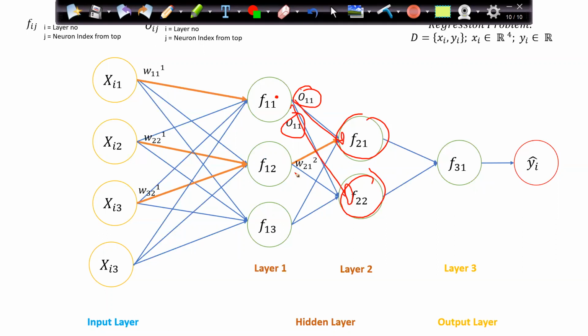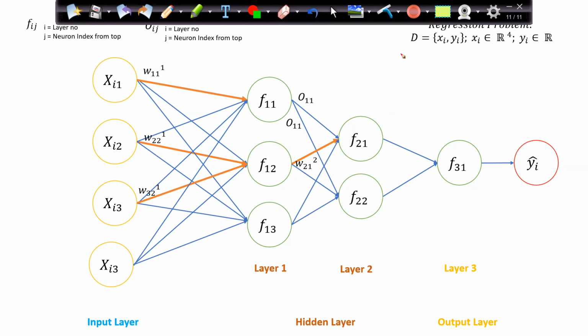Same way, the layer number is 1 only, but the neuron number is 2, so the output is O12. This is also O12. This is O13, O13. Same way, this output is O21, which goes to one neuron only, and this is O22. And from here, O31. That is the naming convention for the outputs.